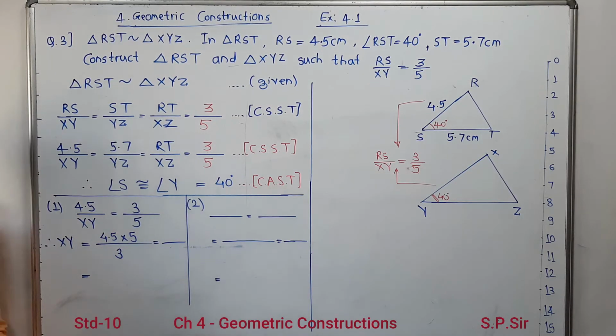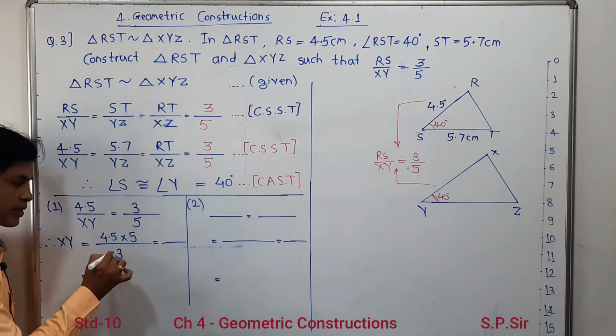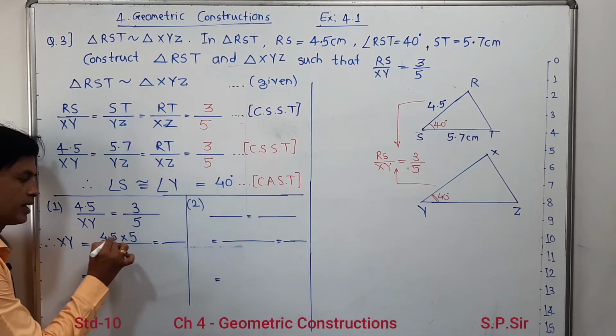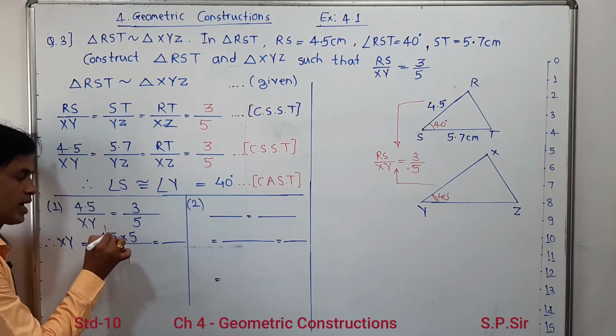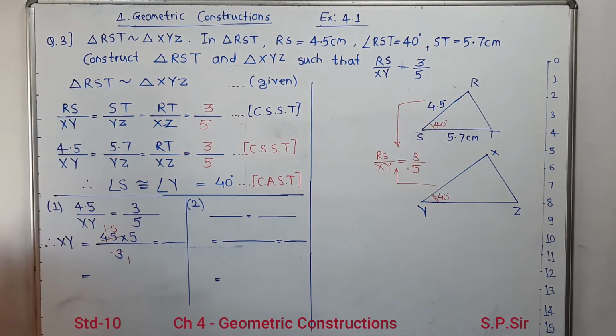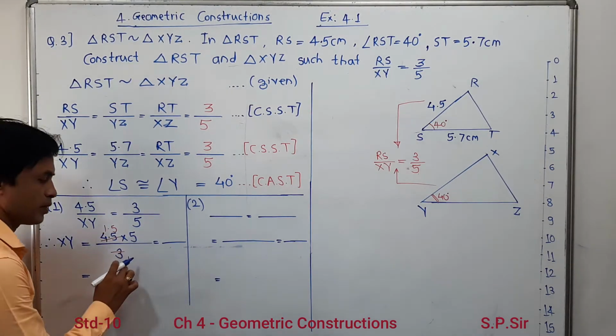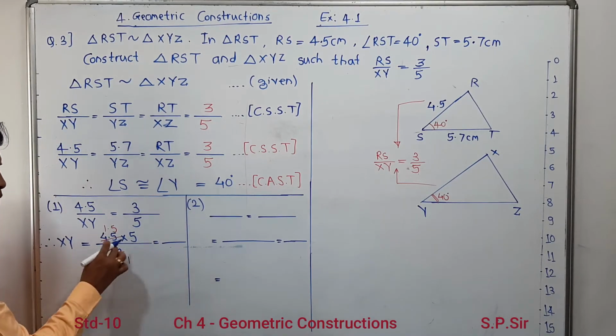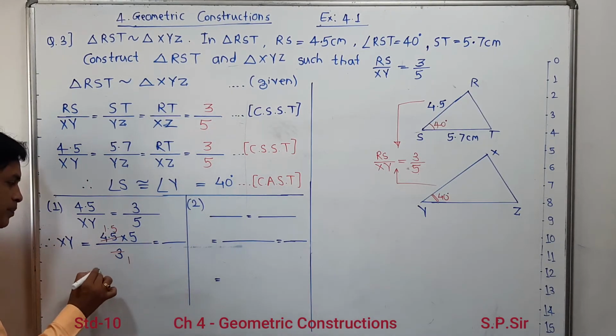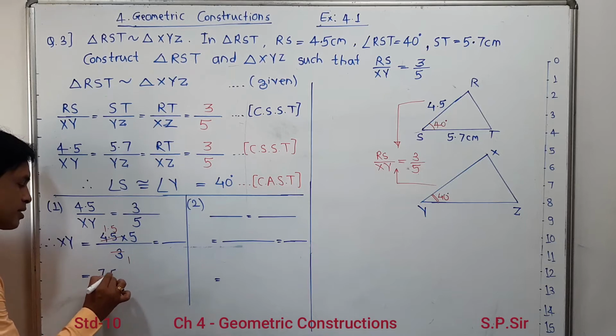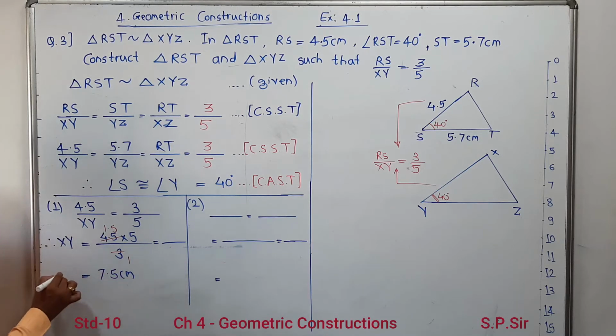Now simplifying, 3 ones are 3 and 3 fives are 15, so it becomes 1.5 into 5. So 1.5 into 5 is 7.5 centimeter. That is XY over here.